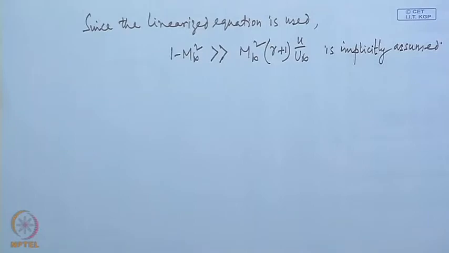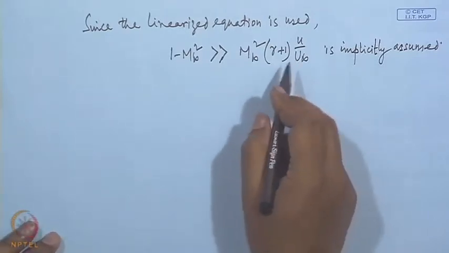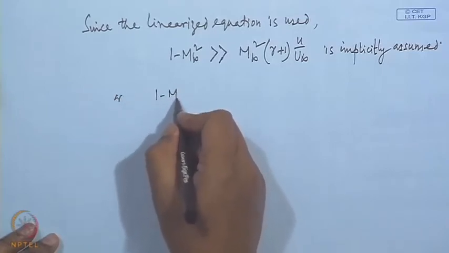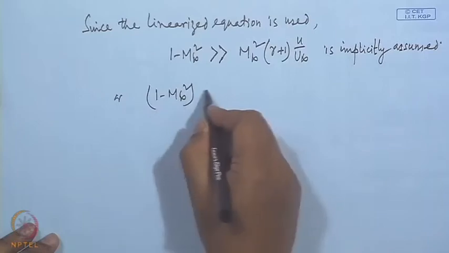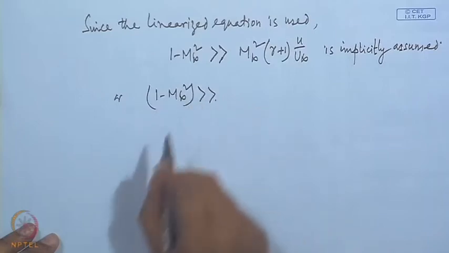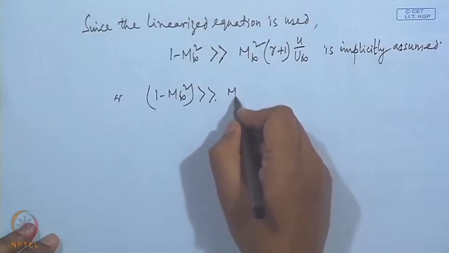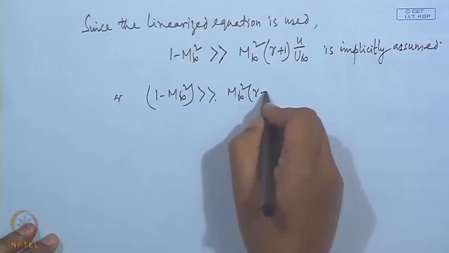In this case this will become M infinity square into gamma plus 1.